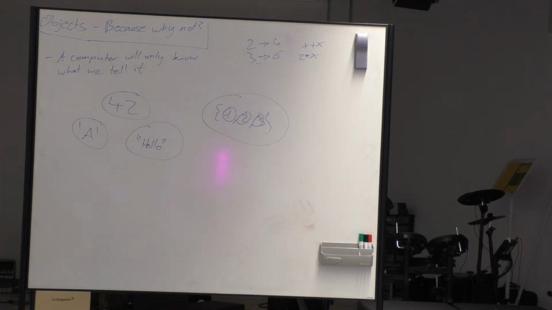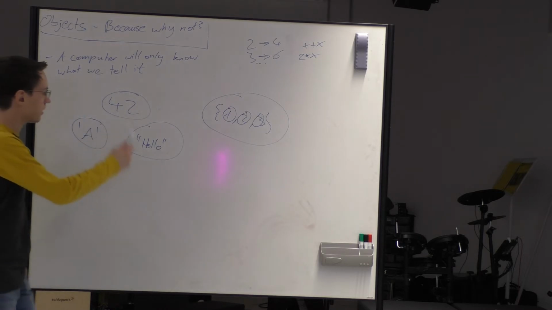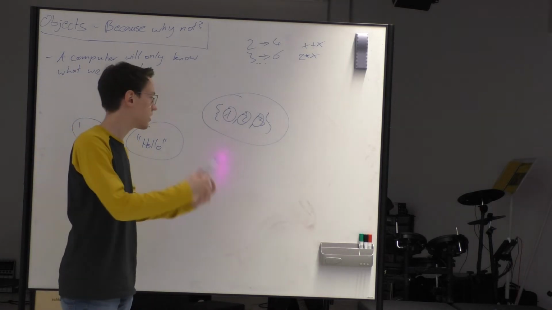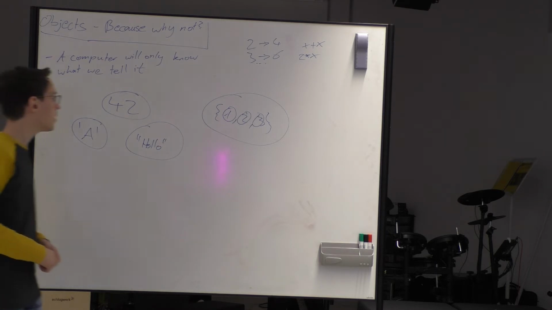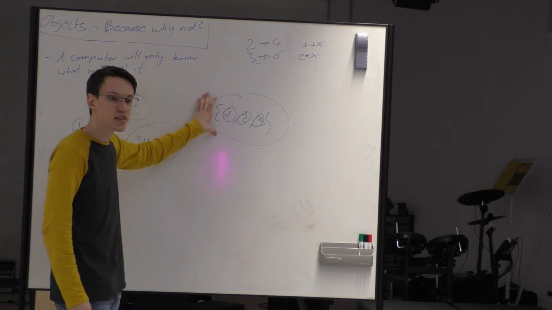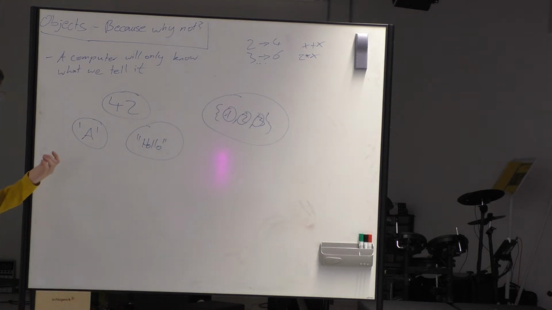So the idea that I'm going to explain here is basically everything that you can think about and reason about and explain to other people, like a number, a digit, a letter, a string, a list. You can explain these concepts to people, and that makes them objects. Basically everything you can explain is an object. And programming languages are basically tools to help us explain objects to a computer.